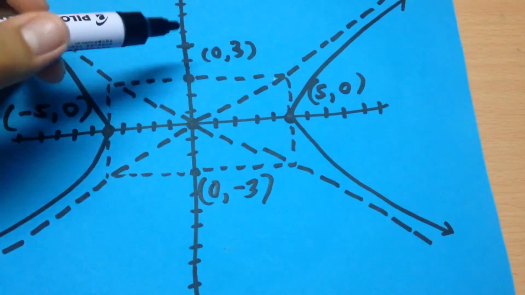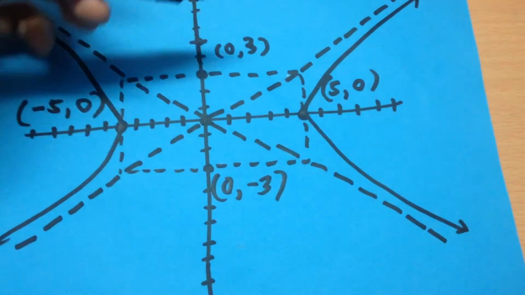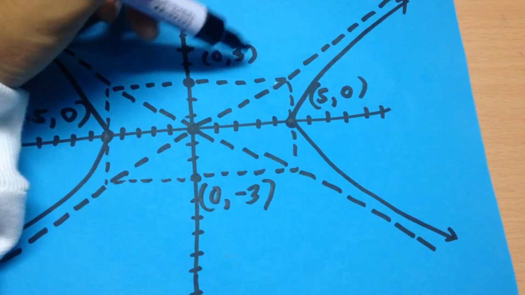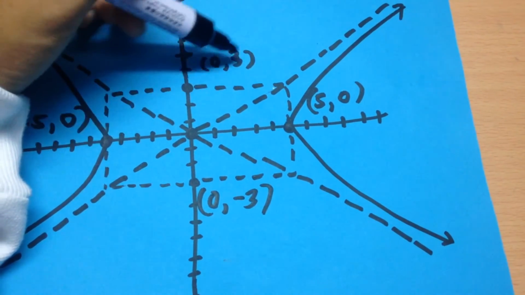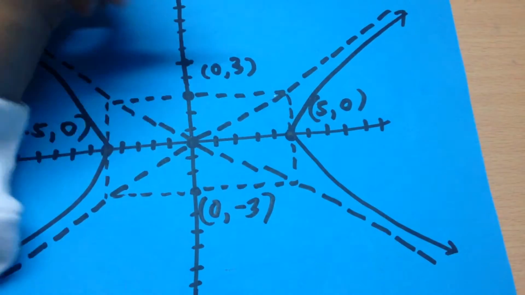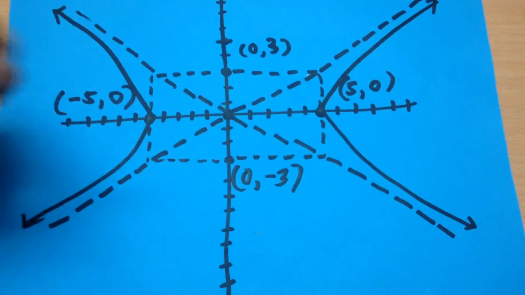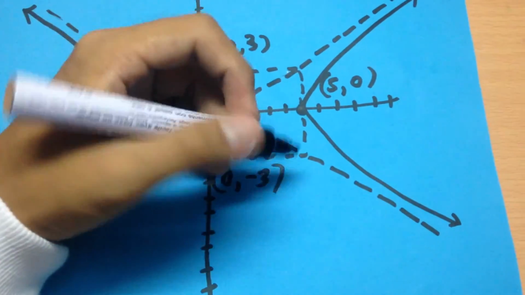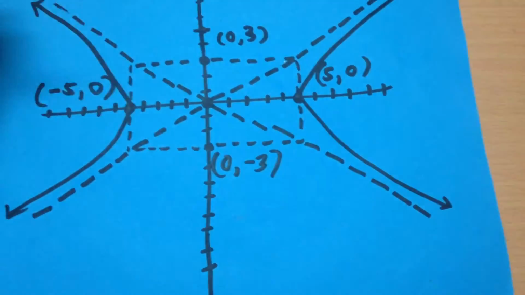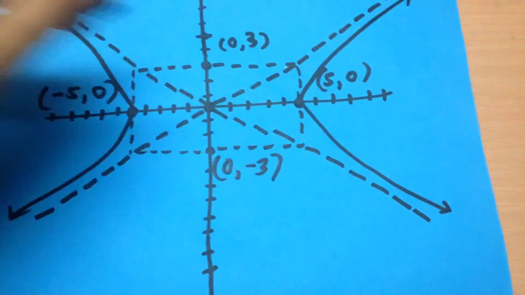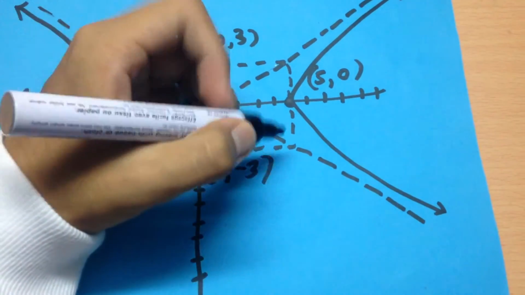Same with the conjugate axis. Look at the y value and assume that it is the value of b.